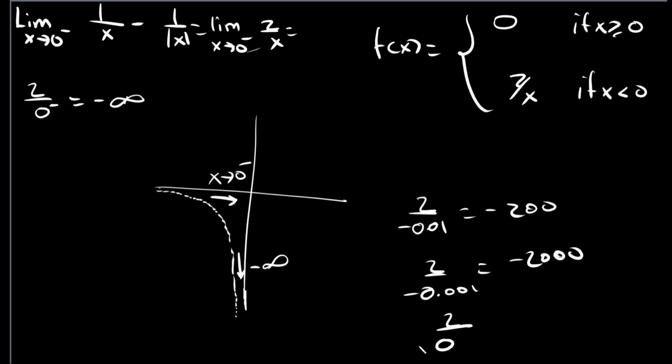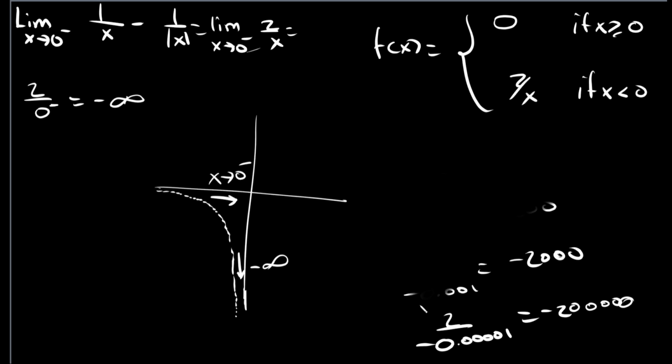And if I keep going, I'm going to get minus 20,000. I'll just put one more 0, so you guys can see where this is going. The closer it goes, the more it's going to approach minus infinity.